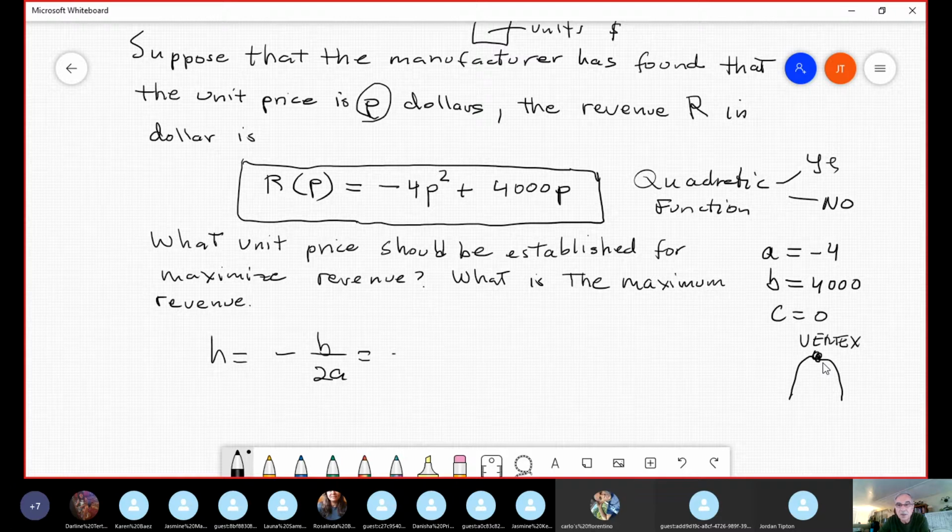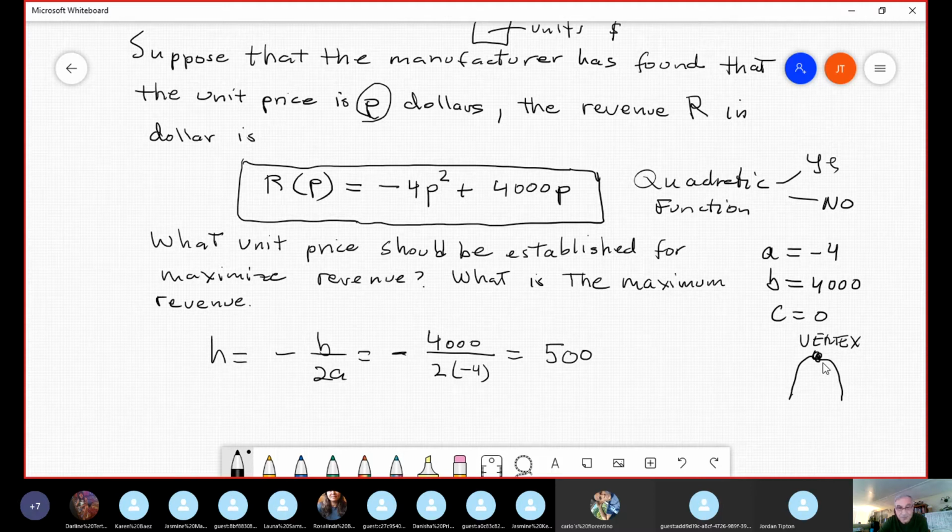Minus B, que es 4,000, divided by 2 times A, que es -4. Double negative becomes positive, and 4,000 divided by 2 times 4 is 500. 500 something, no? 500, this is dollars, this is the unit, what this is, I don't know.